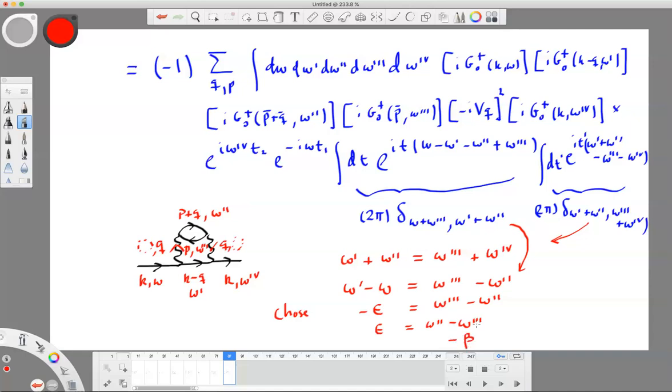I put the minus sign, so I call this beta, and I'm going to call this beta plus epsilon. So you see that now this double prime is going to be beta plus epsilon.